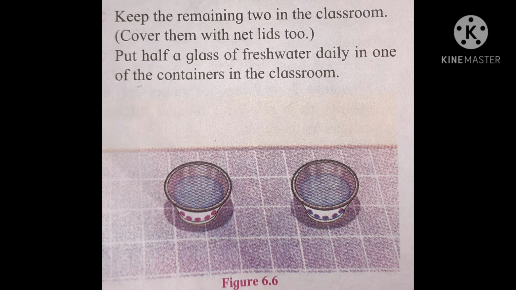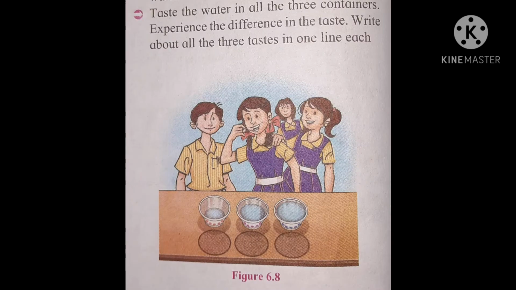Now step 6. After 3-4 days, we have to do this experiment for 3 to 4 days. After 3-4 days, bring all the containers together and keep them in one place. Then what we have to do? Observe the level of water in all the 3 containers. Okay children, let us see the container which we kept outside.